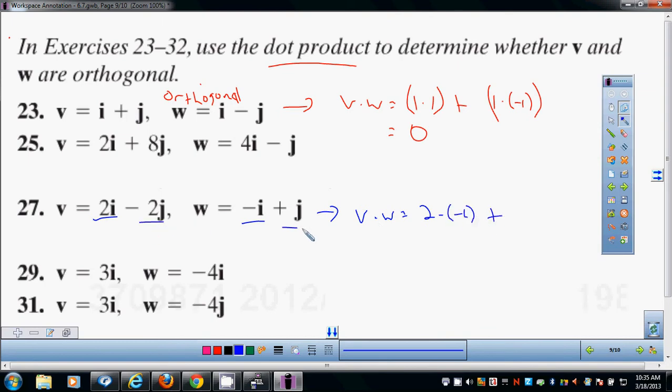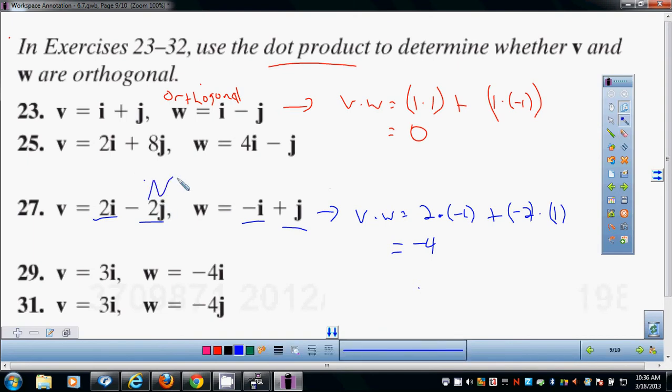Negative 2 plus positive 2. So yay or nay? Well, I guess I answered that. Yes. They are orthogonal. Negative 2 times positive 1, which would make this negative 4. So are they orthogonal? No! Thank you for catching that, Bruno. No, they are not.